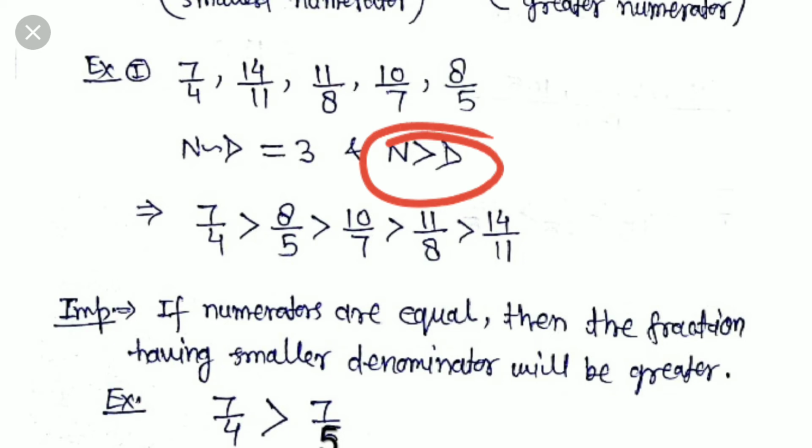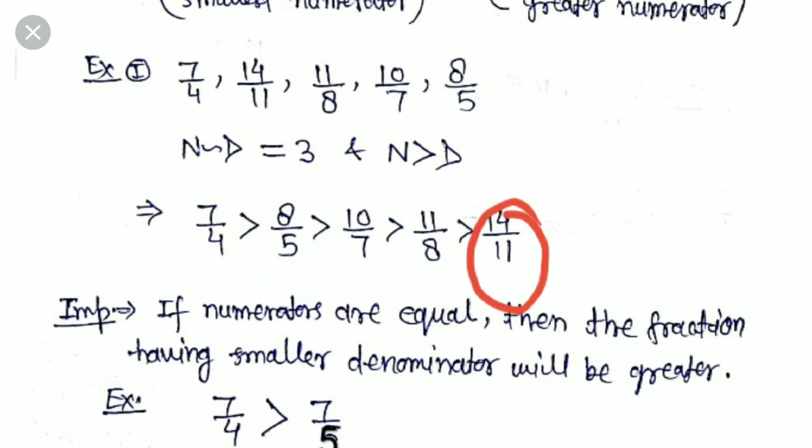This time you want the fractions in descending order. So the fraction with the smallest numerator comes first, then accordingly 8, then 10, then 11, then 14. So it is 7 by 4, 8 by 5, 10 by 7, 11 by 8 and 14 by 11. This is the fractions in descending order.